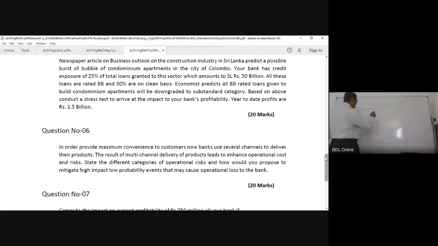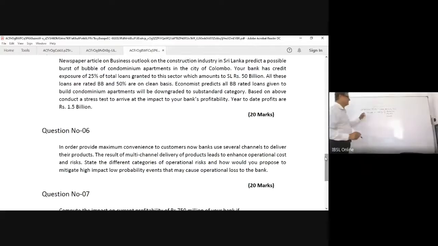It is mainly losses arising from failure or inability of processes, people, and events.